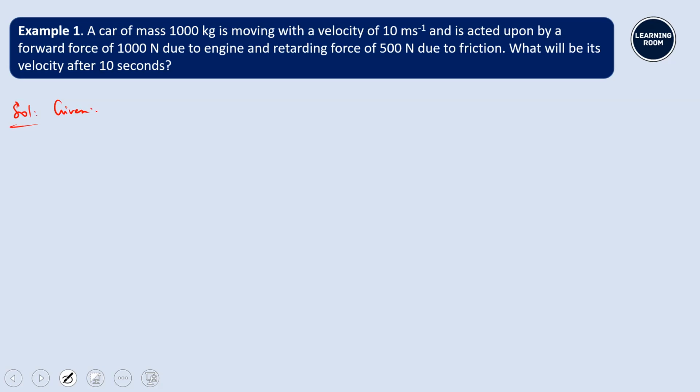Given parameters are mass, which is 1000 kilogram, initial velocity is 10 meter per second, force in the forward direction is 1000 Newton, force in the backward direction is 500 Newton. What will be its velocity after time t equal to 10 seconds?